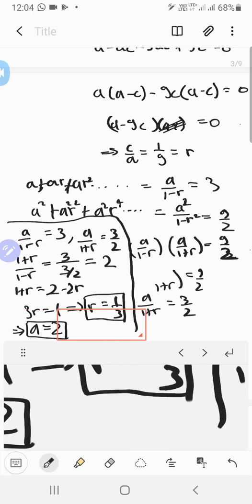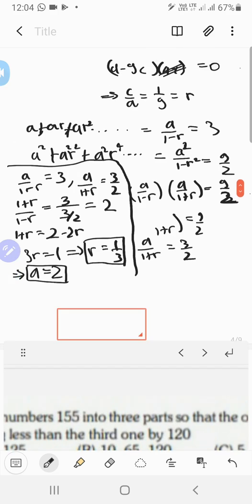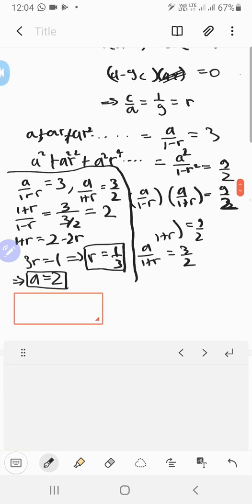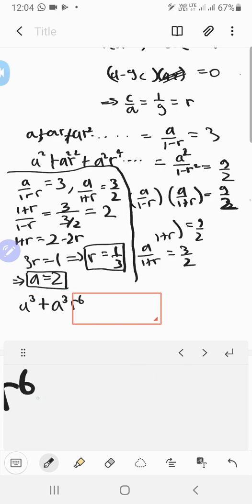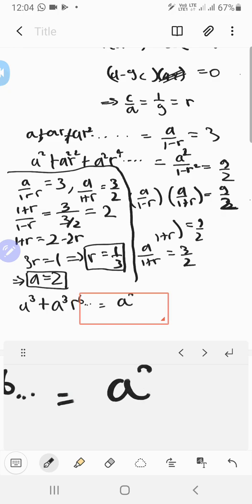So now what was the question? We wanted to find the sum of the cubes of its terms, right? So it would be a cubed plus a cubed r to the 6th power and so on, which is a cubed upon 1 minus r cubed.